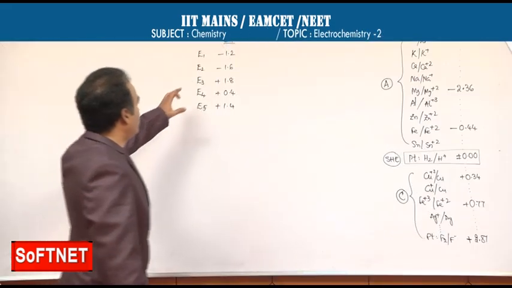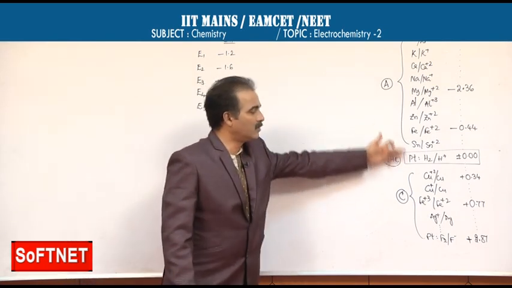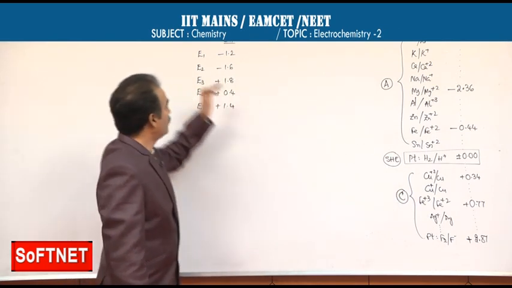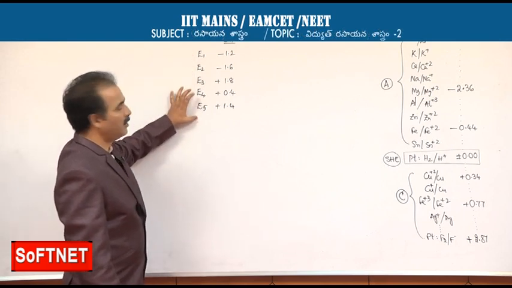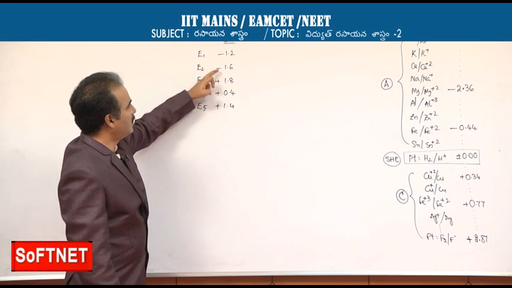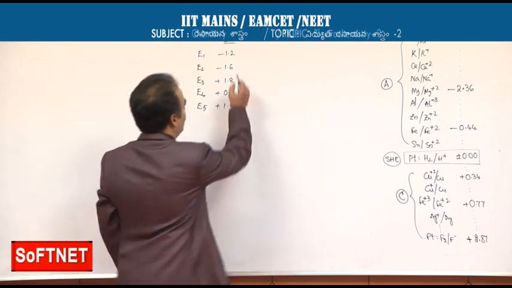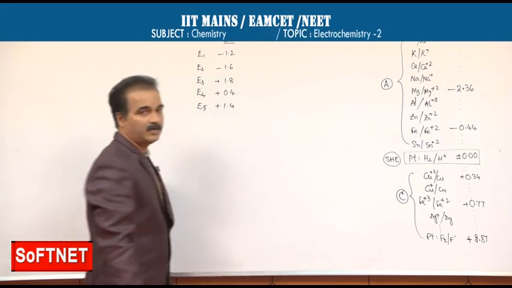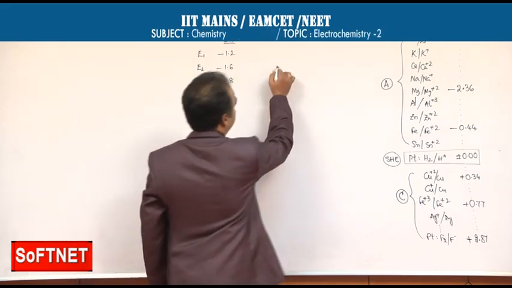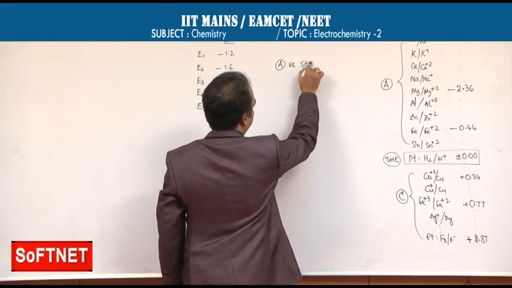Now, how can the electrochemical series be applied? Suppose this is the electrochemical series we know, and I am taking 5 electrodes here, E1, E2, E3, E4, E5, with their SRP values given like this. My first question is, which of them will act as anode against SHE?